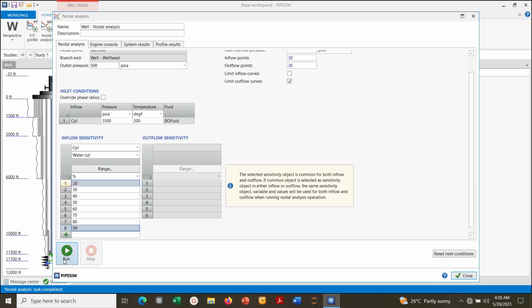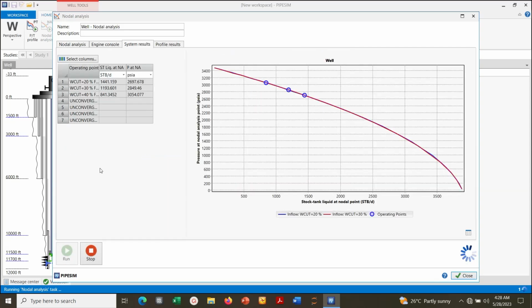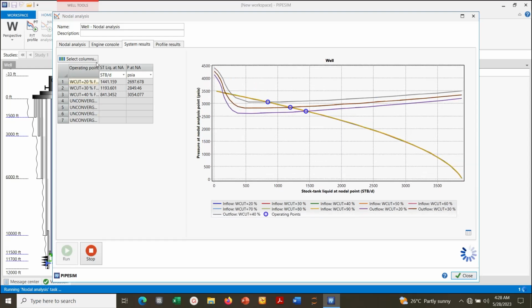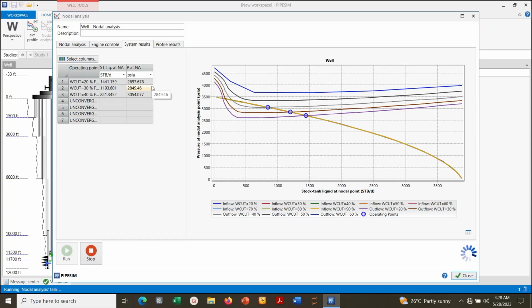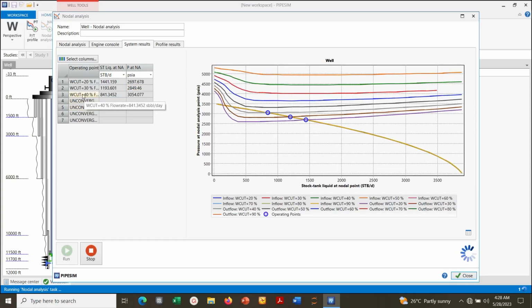So once we enter the values, we click on run. And from the result, it can be seen that the well will stop producing above a water cut of 40%.